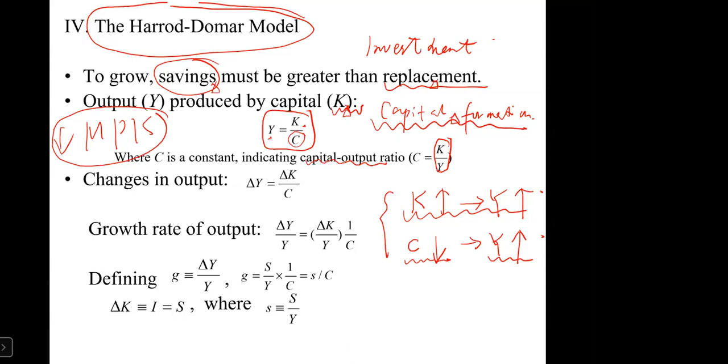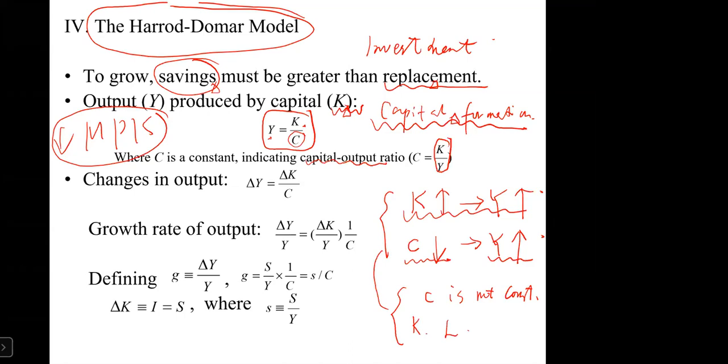So this is how we understand this model. But clearly there are 2 things missing, which we are going to discuss in the next model. What are the 2 things? 1, C is not constant. The capital output ratio is not constant. And 2, K is not the only input. You're going to see L can also generate output.